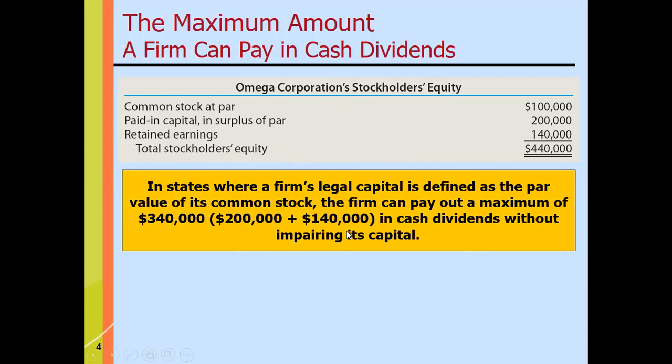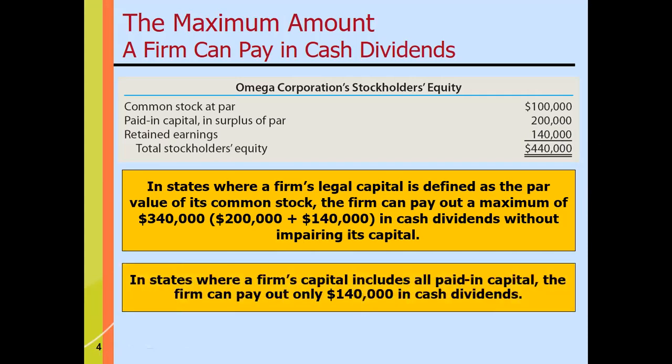And then what can be paid out would be just the sum of 200,000 and 140,000 in the form of dividends without impairing the capital. However, we can even, for example, appropriate, set aside or earmark a portion of retained earnings for other purposes.